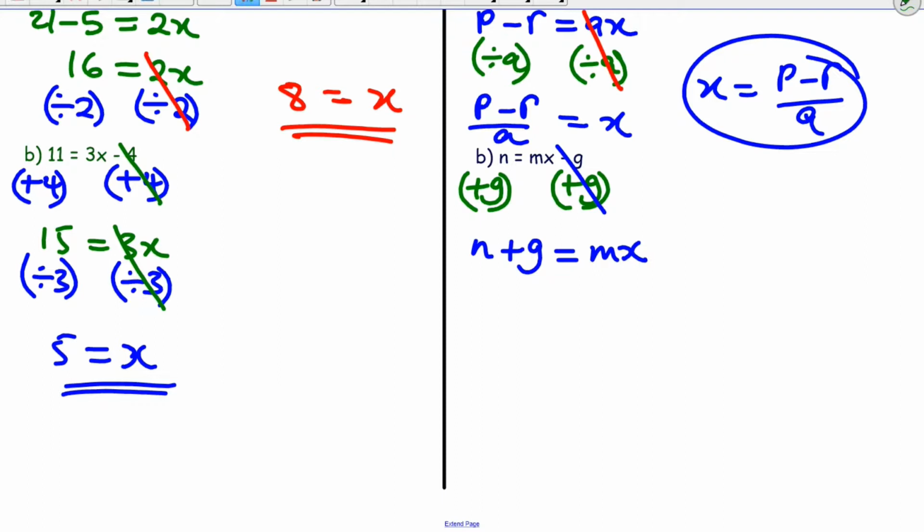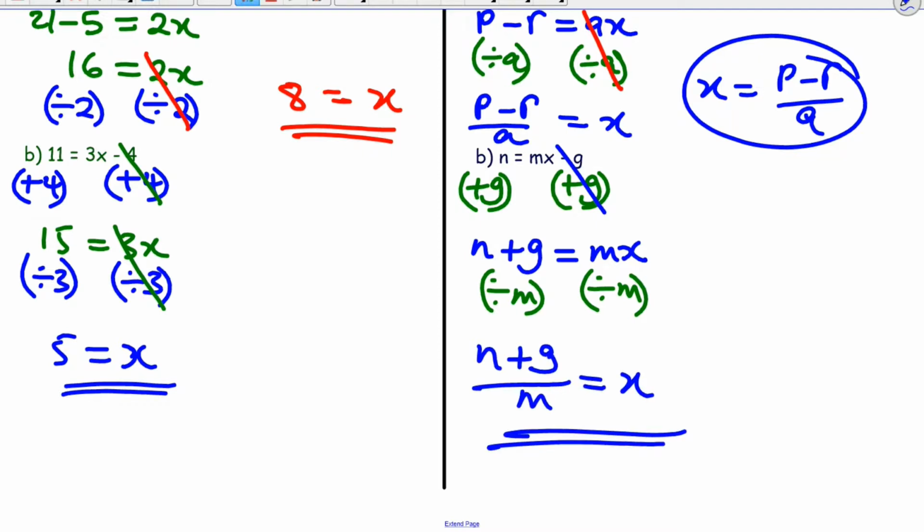The opposite of multiplying by m is dividing by m, so we divide by m on each side. So we shall be left with n plus g over m is equal to x, because m divided by m is equal to 1. Okay. All right, let's carry on.